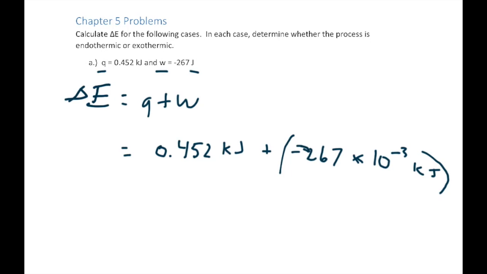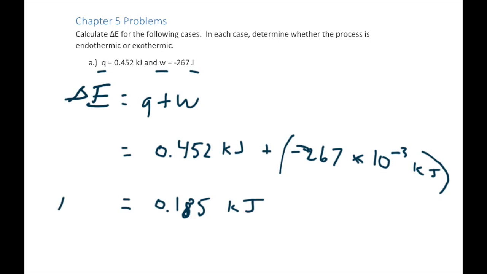So now we are set to simply add. I have my calculator here, and I'm going to add these together. Remember, you do have a negative number, so you have to make sure that you take into account that negative sign. Do not change the signs. So our answer is going to be 0.185 kilojoules.